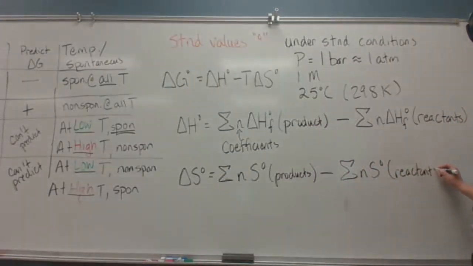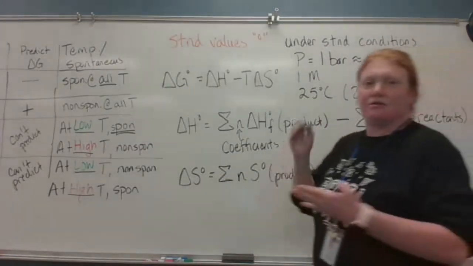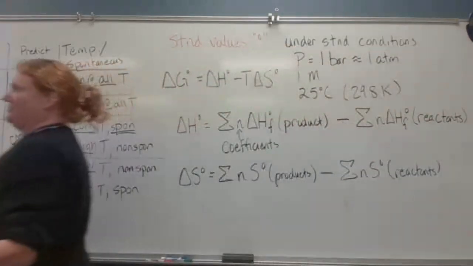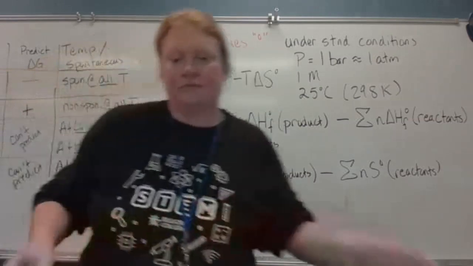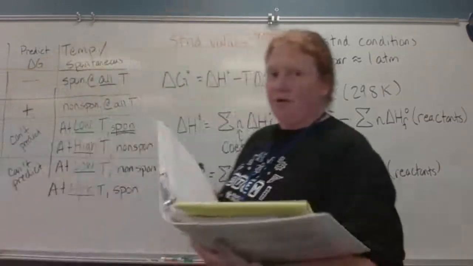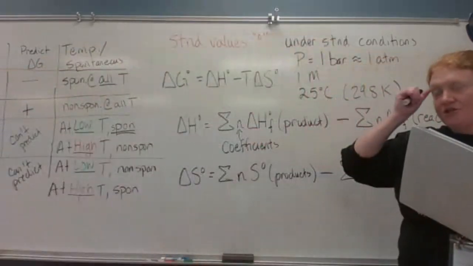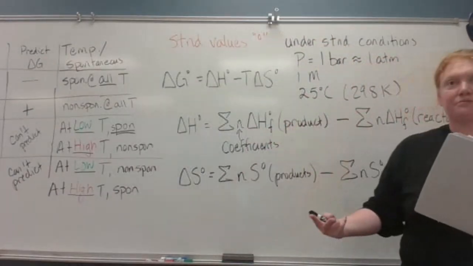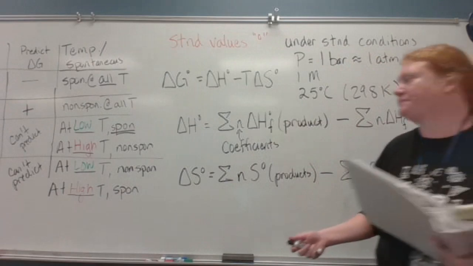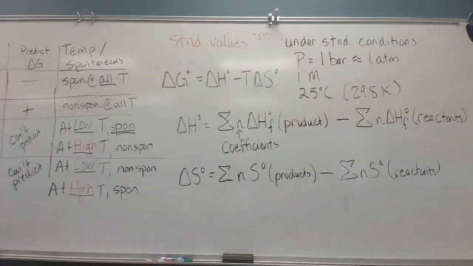If you guys can just remember, sum of the products minus the sum of the reactants. And you're going to have to remember to multiply by the coefficient. If there's a 2 in the equation, you multiply by 2.